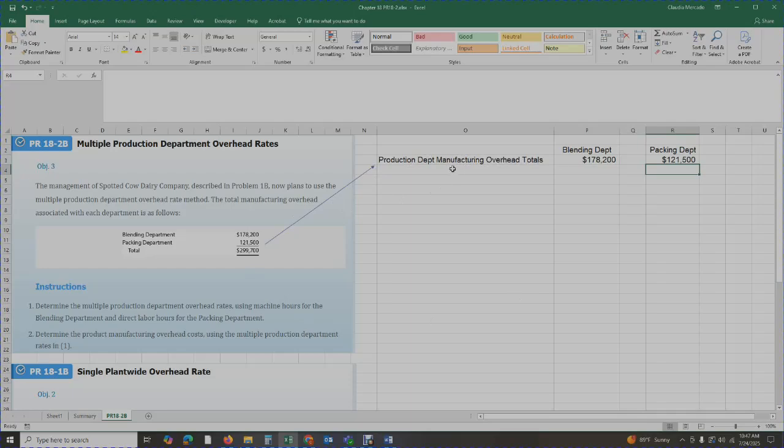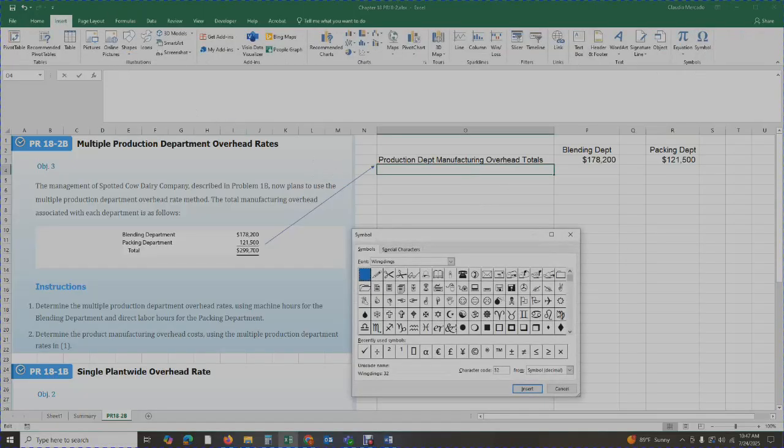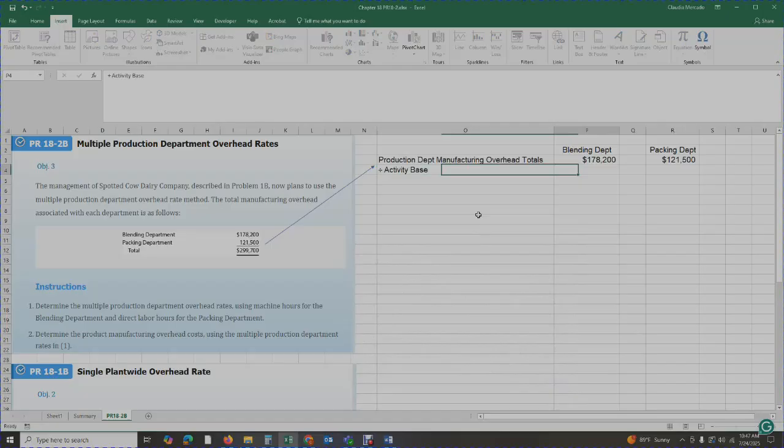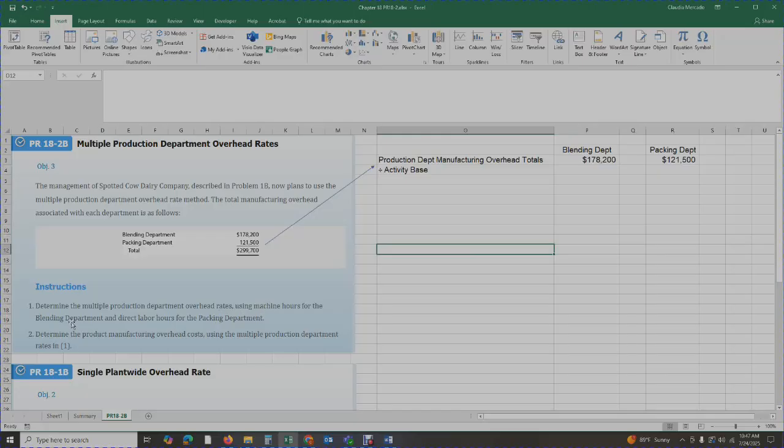Now we're going to divide by the activity base. Now the activity base, it tells you here that for the blending department it's machine hours, for the packing department it's labor hours.